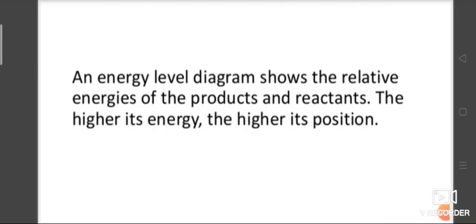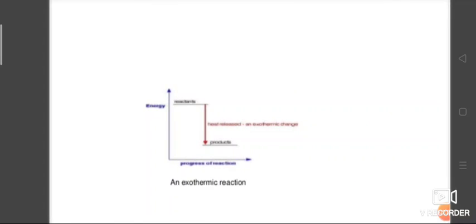When you see the energy level diagram, it shows the relative energies of the products and reactants: the higher its energy, the higher its position. The energy level diagram shows which is at the higher level. This energy level diagram is for an exothermic reaction.